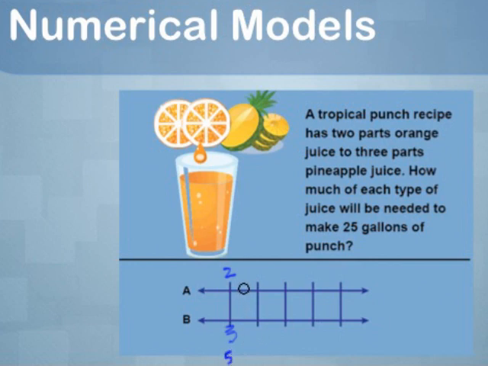We increase the value of each term on the number line based on the starting numbers. So on the orange juice line, the next number is 4, while on the pineapple number line, the next number is 6.